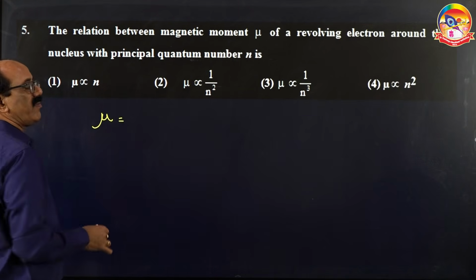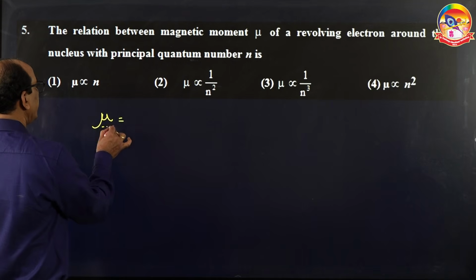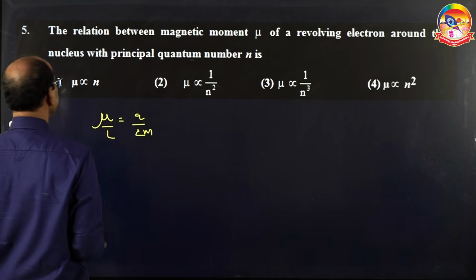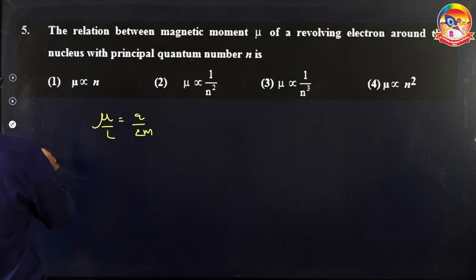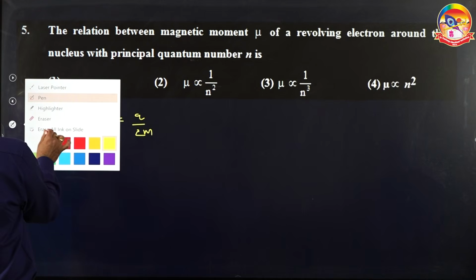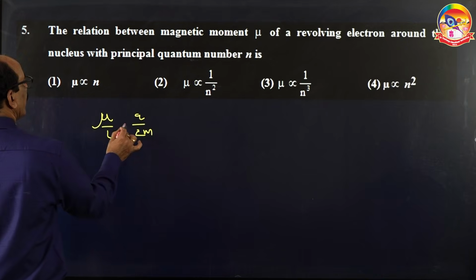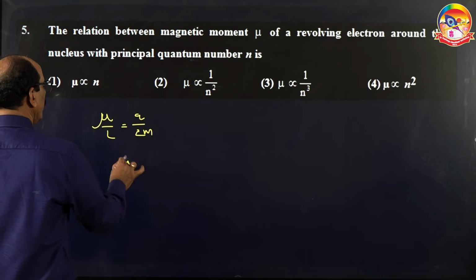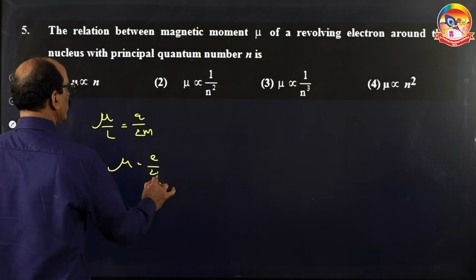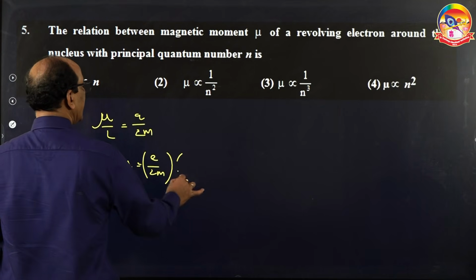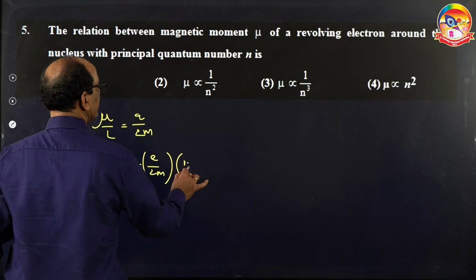The ratio of magnetic moment to angular momentum is given by q by 2m. So we can make use of this relation to arrive at the answer quickly. So mu is equal to e by 2m times L, because we are talking about an electron in the hydrogen atom, and L is equal to nh by 2 pi.